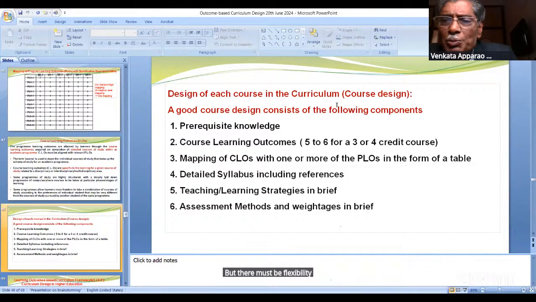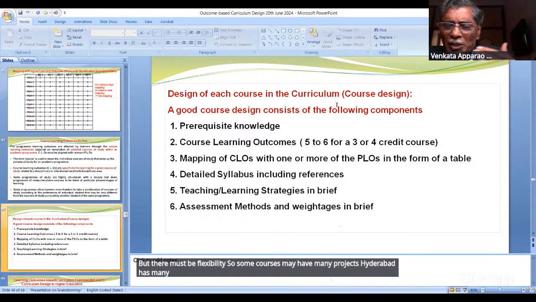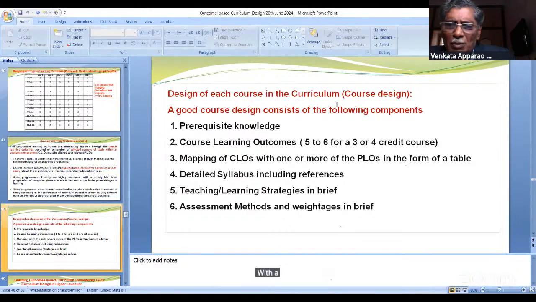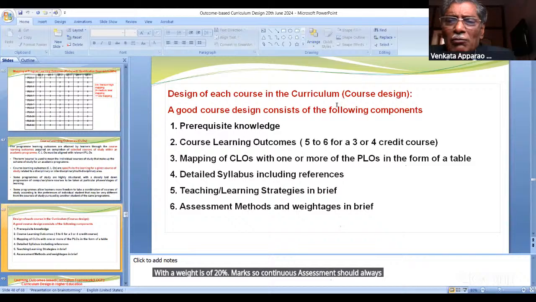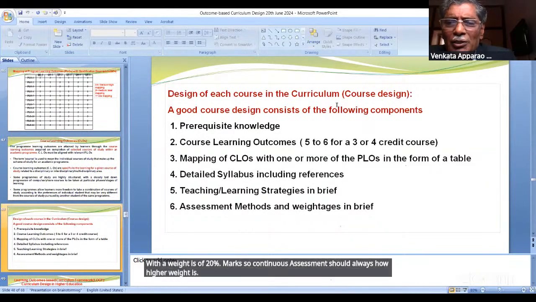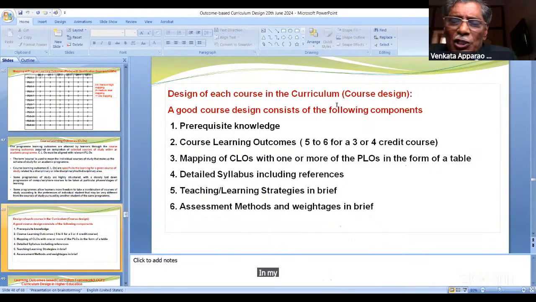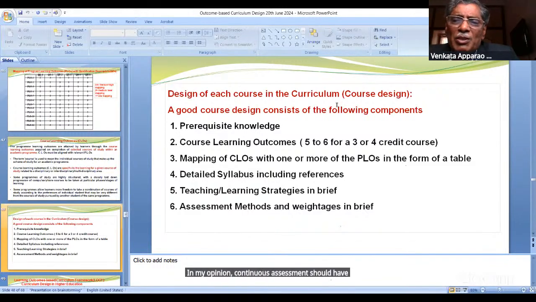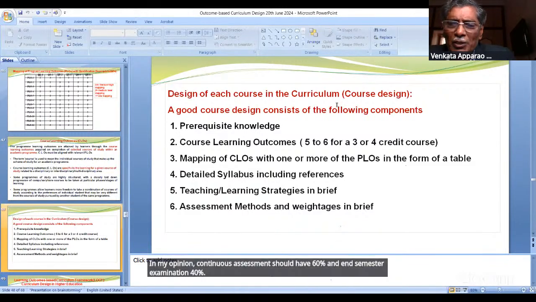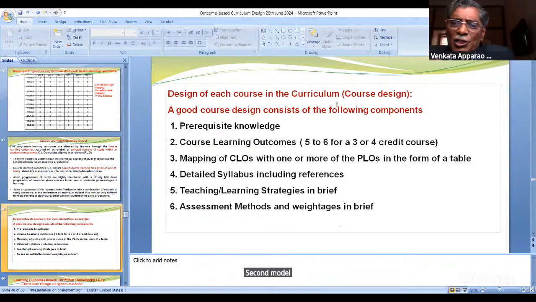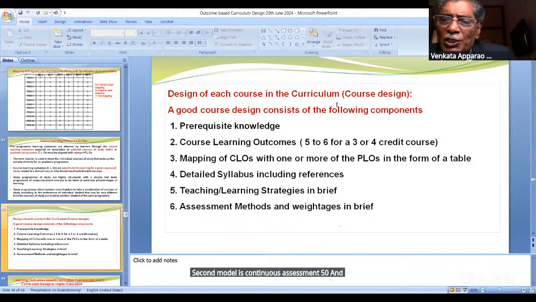Some courses may have mini projects. IIT Hyderabad has mini projects for many courses with a weightage of 20% marks. Continuous assessment should always have higher weightage. In my opinion, continuous assessment should have 60% and end semester examination 40%. The second model is continuous assessment 50% and end semester examination 50%.